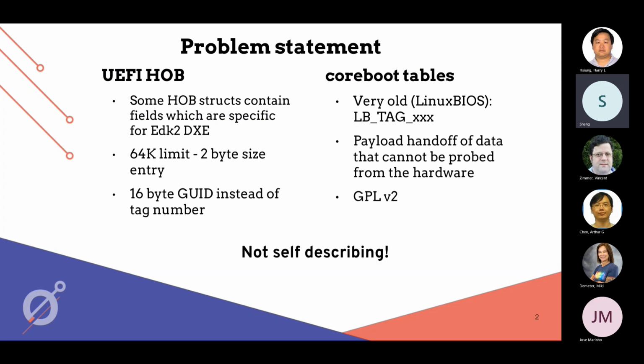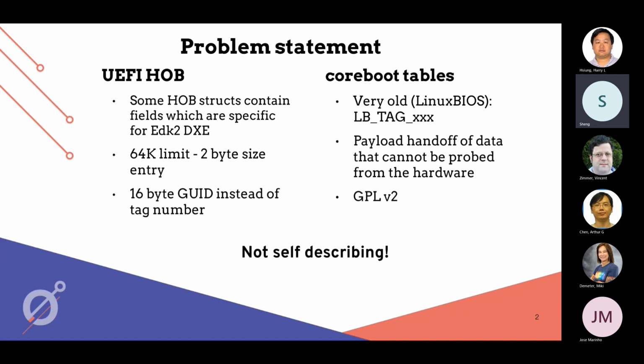Okay, so let's start with the problem statement. There's UEFI and coreboot, the two main bootloader solutions, for EDK2. This also includes Slim Bootloader, which is also using the HOB. These are the two main handoff designs that have been used by different solutions.